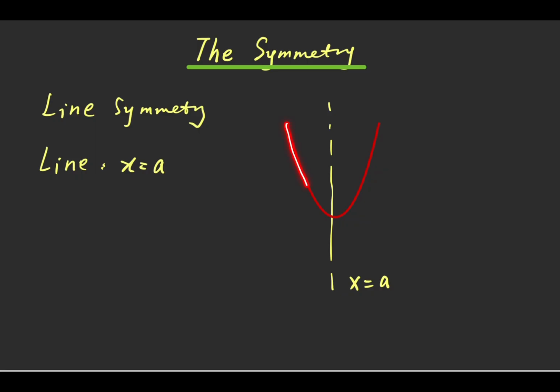Each part is the reflection of the other part. In this situation, we say this graph has line symmetry.